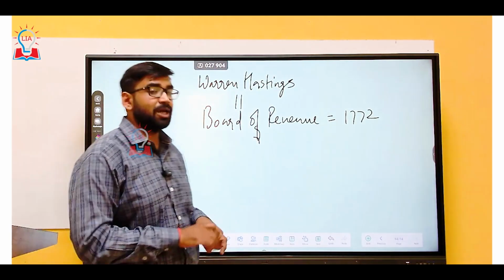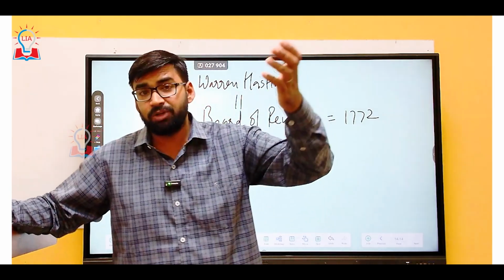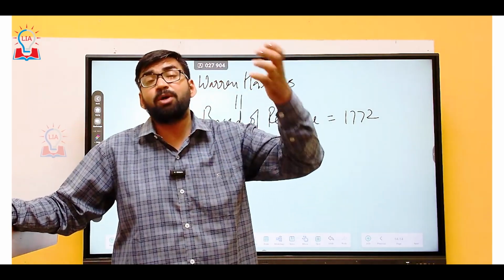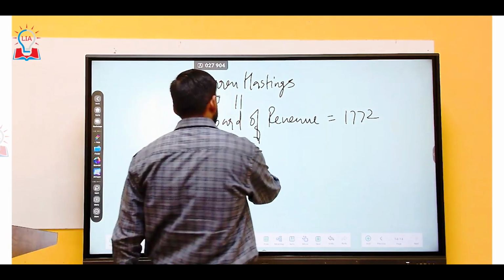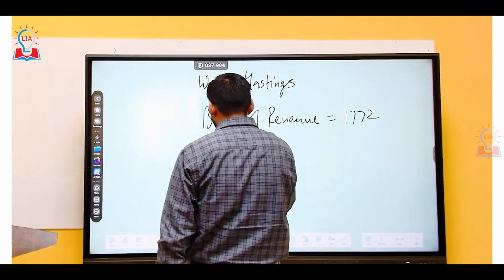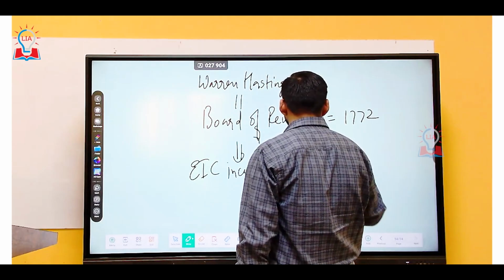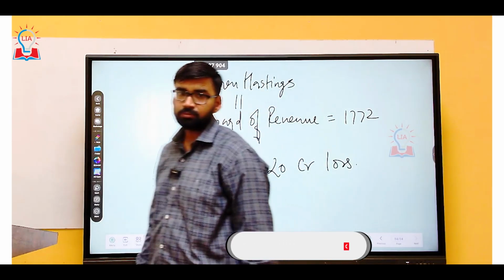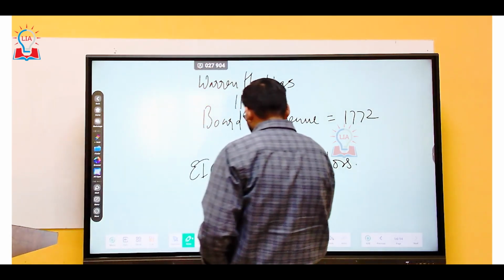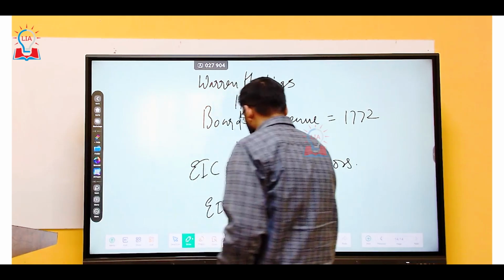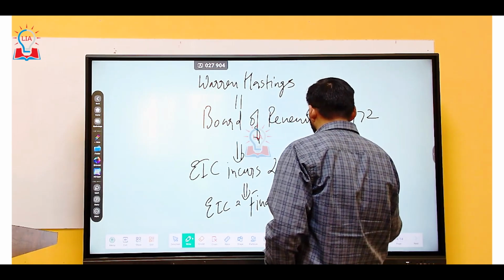In a similar manner, those bidders promised to pay the highest amount of revenue. But when the time of collection came, East India Company incurred 20 crore rupees as a loss. So East India Company was on the verge of financial bankruptcy.